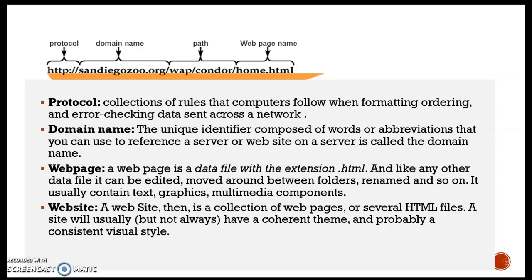Some basic concepts about URL. URL means uniform resource locator. For any website visit, we have to type in a URL. The first part of a URL is the protocol. A protocol is a collection of rules or agreements that computers follow, formatting the order and error checking for data sent across the internet or network.